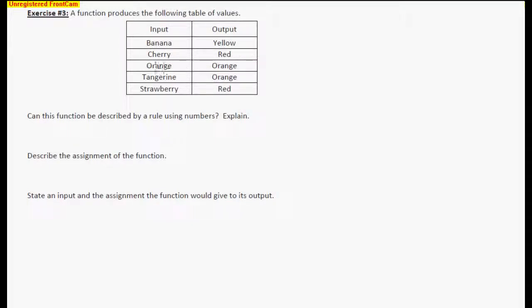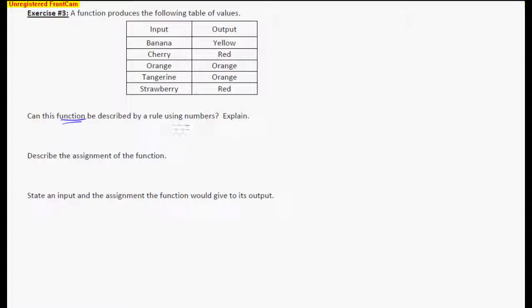So we put in orange, and we get out orange. We put in tangerine, we get out orange. We put in strawberry, we get out red. All right, so can this function be described by a rule using numbers? Well, no, not really, unless we assigned a number to each one of these, and then it really wouldn't make mathematical sense.